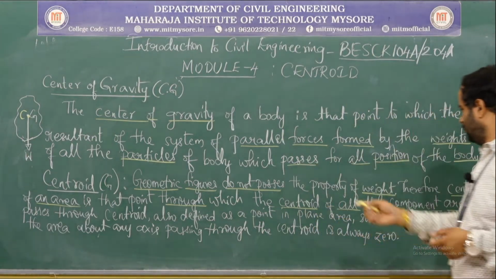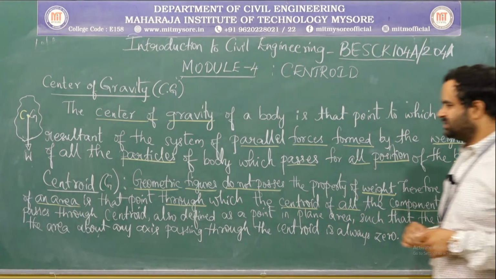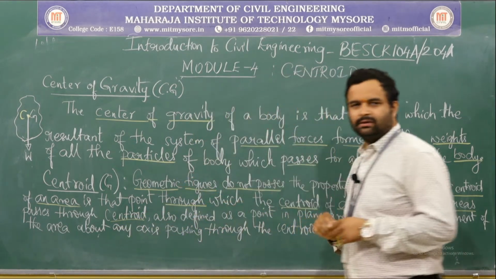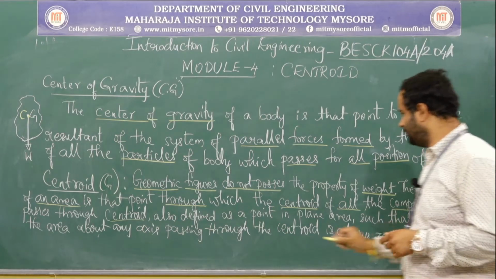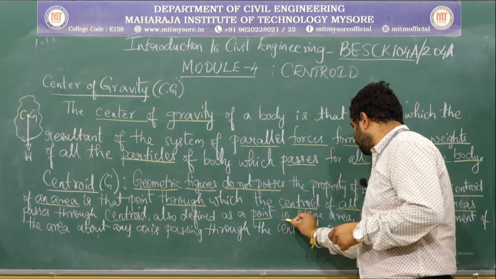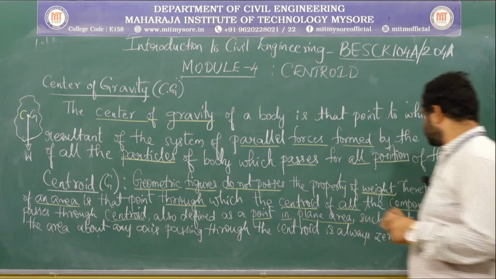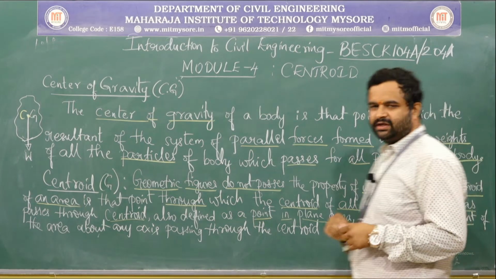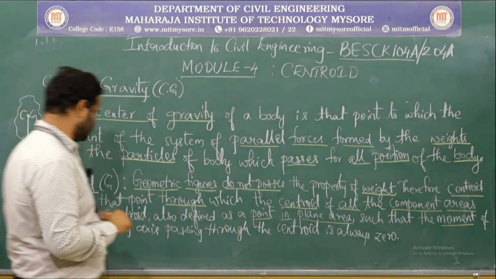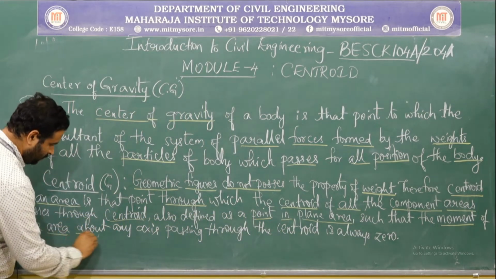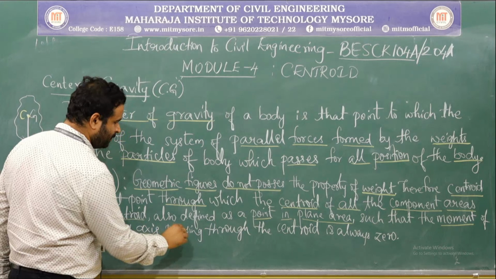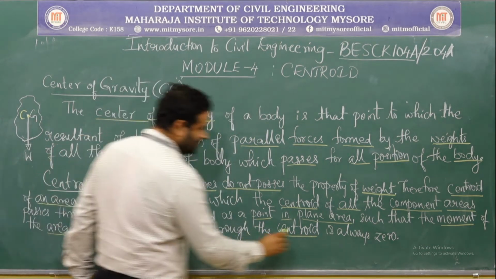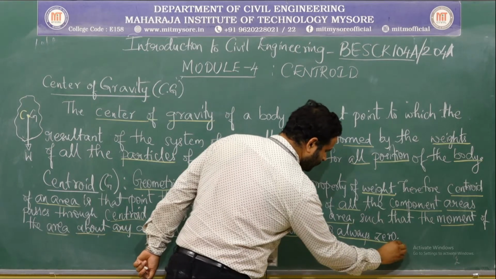The centroid is also defined as a point in a plane area such that the moment of the area about any axis passing through the centroid is always 0.